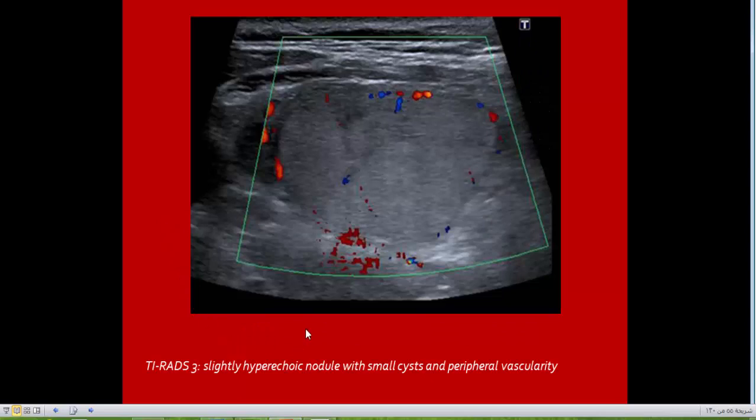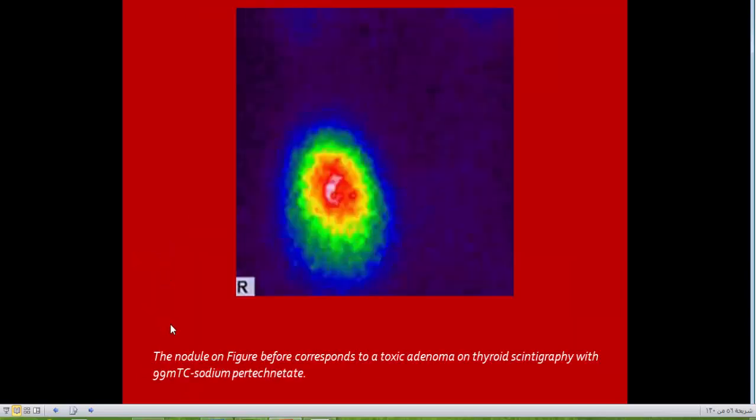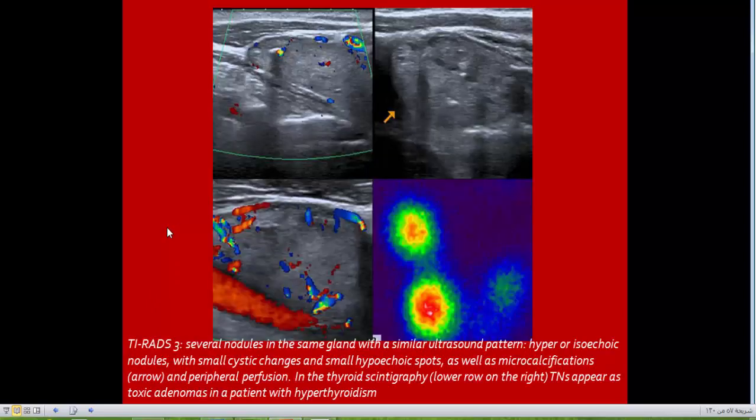TI-RADS 3 slightly hyperechoic nodule with a small cyst and peripheral vascularity. The nodule in the figure before corresponds to a toxic adenoma on thyroid scintigraphy, a toxic nodule, hot spot.